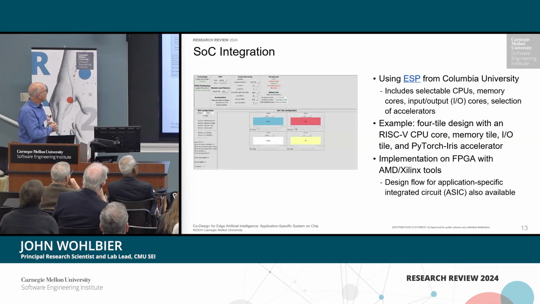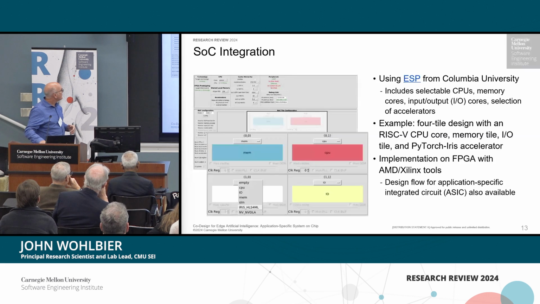It's kind of hard to read, but each one of these blocks is a pull-down menu, so you get to choose what you want to put in your system on chip. The red one is the CPU, the blue one is a memory tile, and the white one is an empty tile, and that's where we're going to put our SSCA accelerator. There are all sorts of different parameters, including what kind of CPU core you want and that sort of thing.